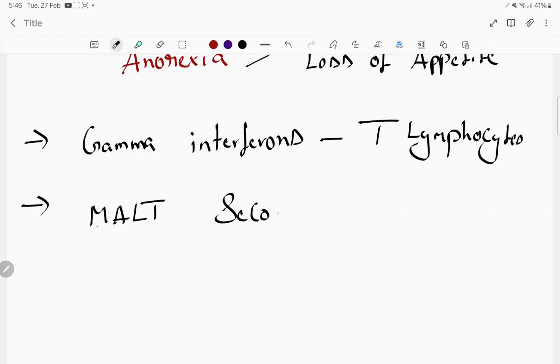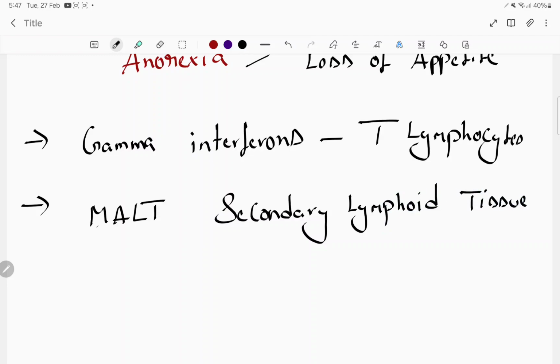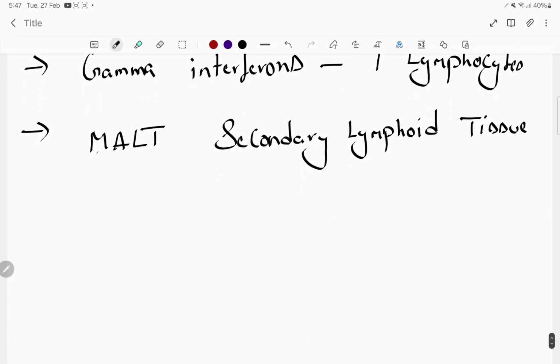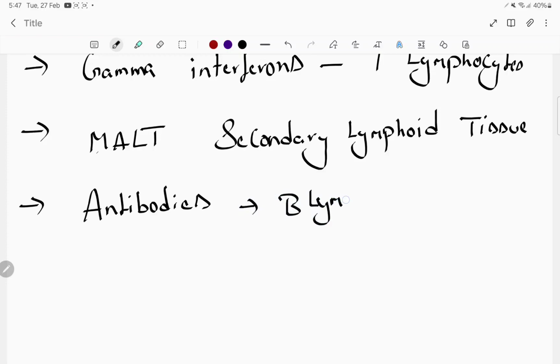This is secondary lymphoid tissue. Antibodies are produced by B lymphocytes and plasma cells.